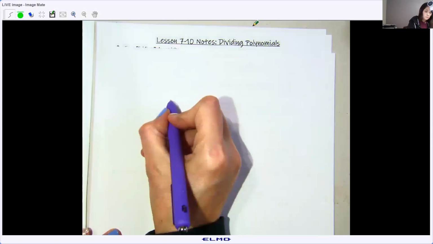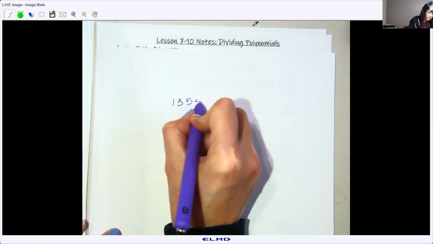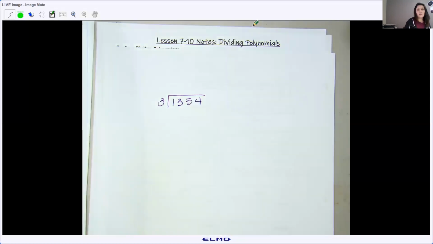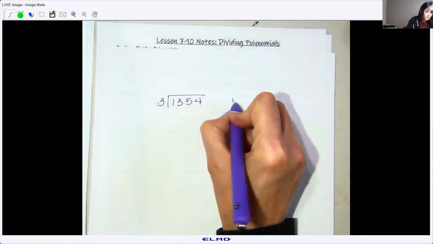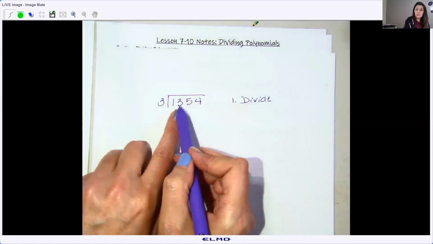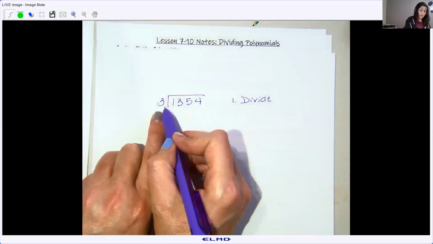So I have a practice problem here of long division, 1,354 divided by 3. Okay, first step, divide. So I'm going to divide 13 divided by 3. Okay, 13 divided by 3 is 4.